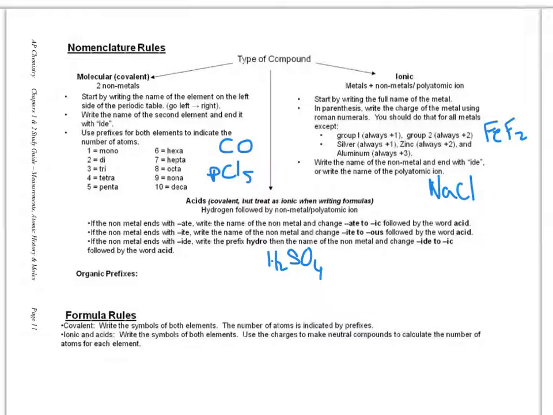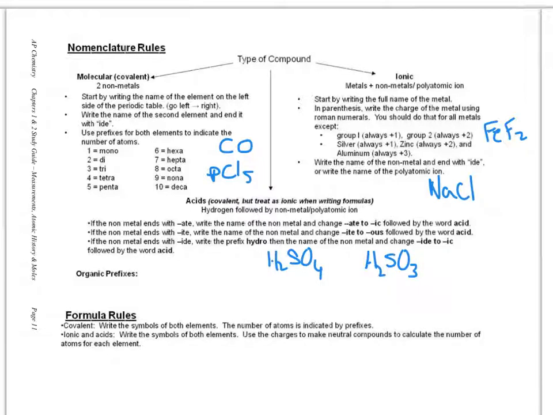If it ends with "ite," like H2SO3, SO3 2- is sulfite, so you change the "ite" ending into "ous," and then follow it by the word acid, so it would be sulfurous acid.